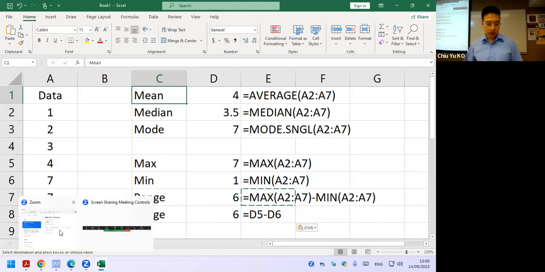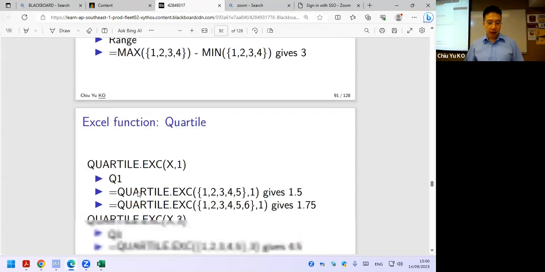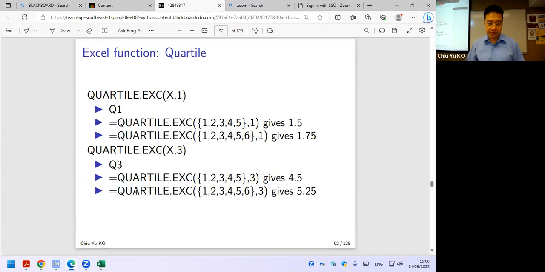And how do you do the quantile? The quantile is Q1 and Q3, or IQR. The IQR, the way you learn in the class, is called quantile exclude, EXC, exclude.